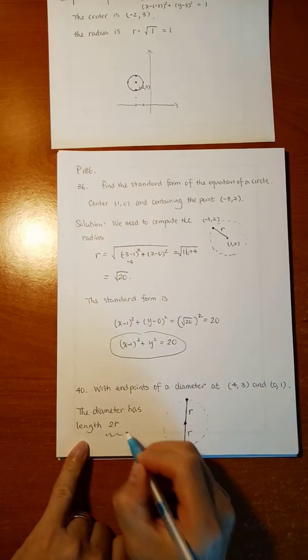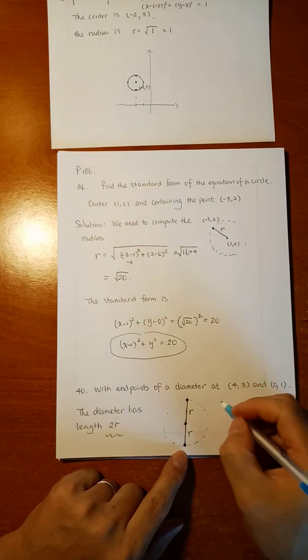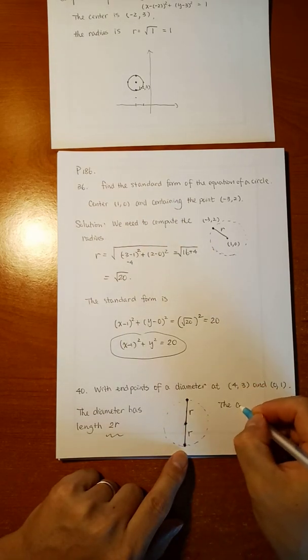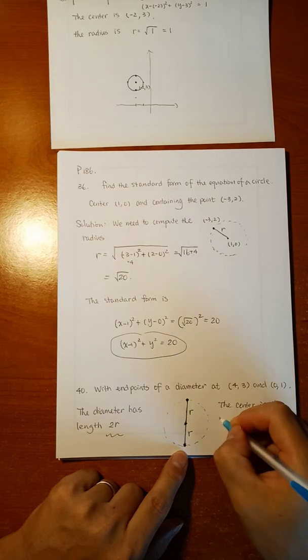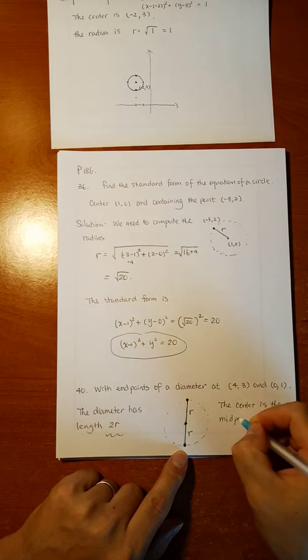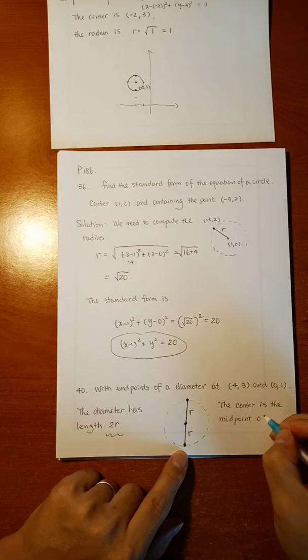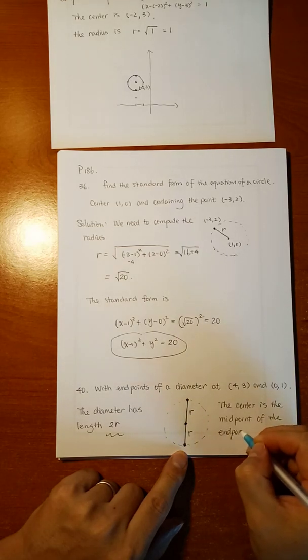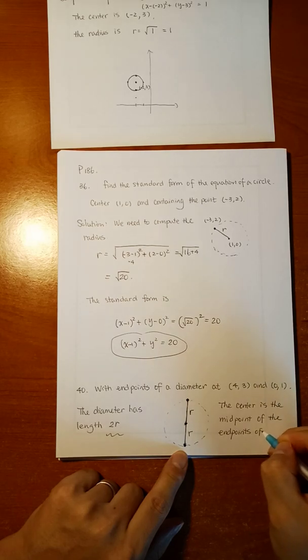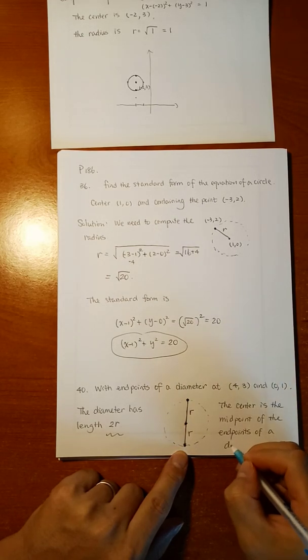So we have the radius. And the center is the midpoint of the endpoints of a diameter.